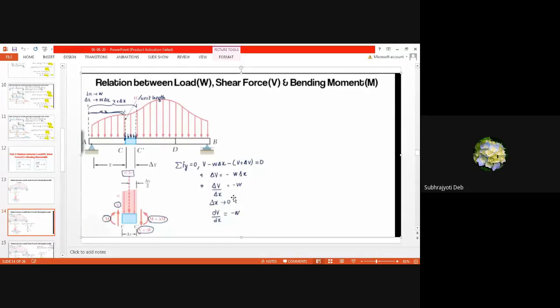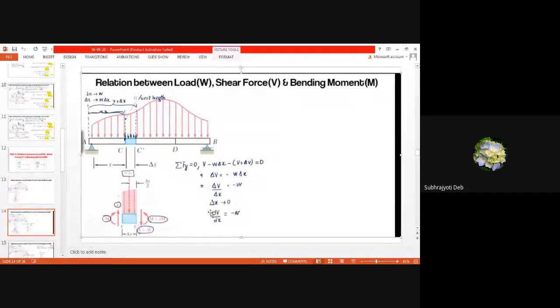Now there is a formula. If you remember from the limit formula, if delta X tends to 0, we can write dV by dx will be equal to minus W. So what is the relation? dV by dx is equal to minus W. That means in your shear force diagram, dV by dx is a slope.